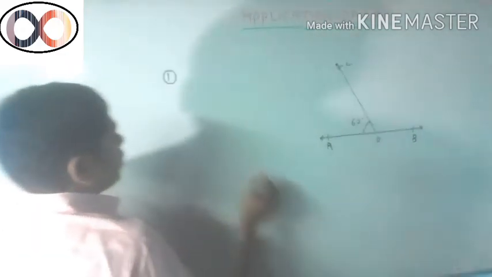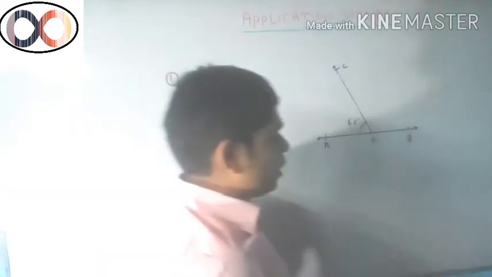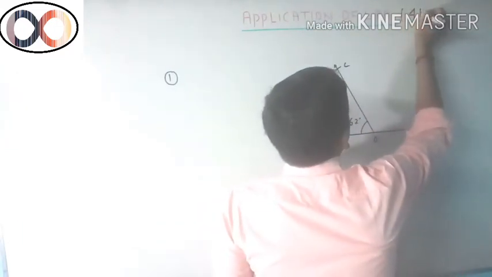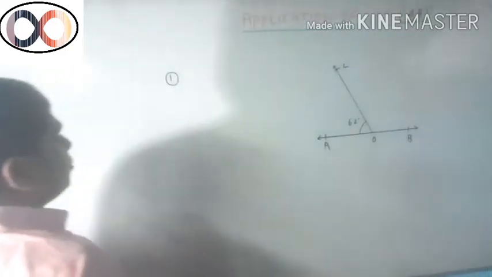That's why we can directly take it, and if you have the old R.S. Agrawal book, then you should go to exercise 4B, question number 1.